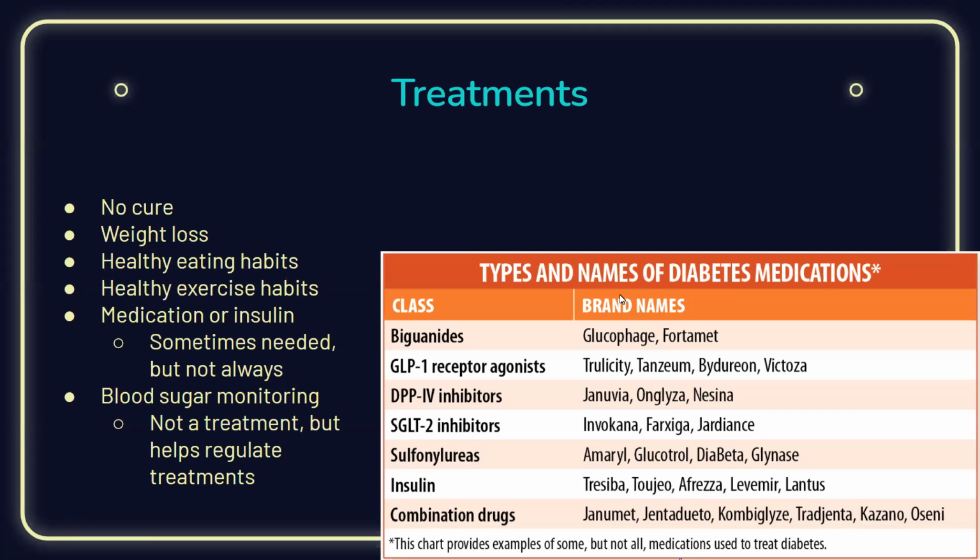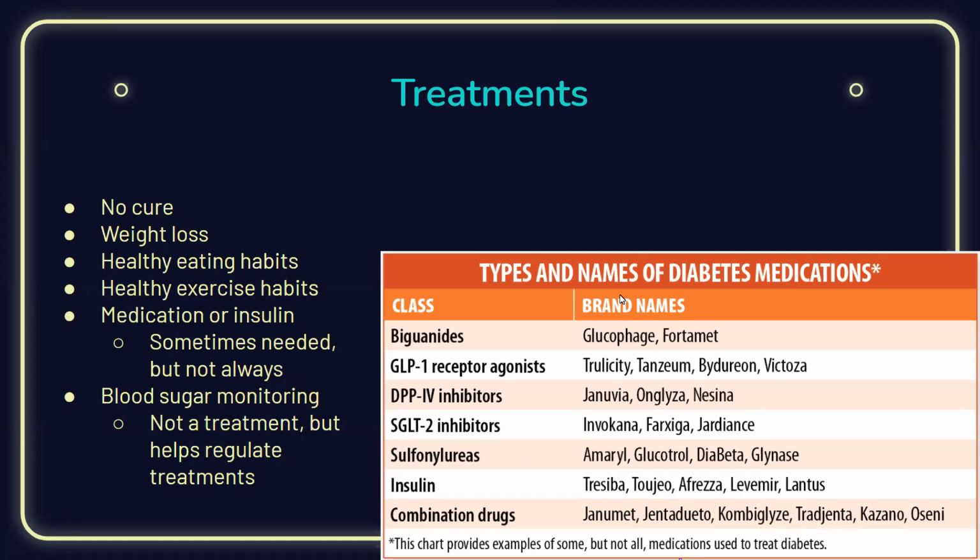And there are so many different ones for the specific cause of why you have type 2 diabetes, because if it's related to a mutation or outside factors, or if you have an allergy to a medicine, it's important to have other types of medicine than just one specific type.